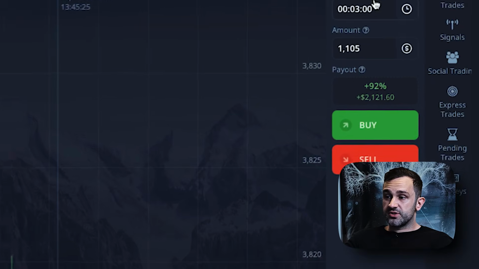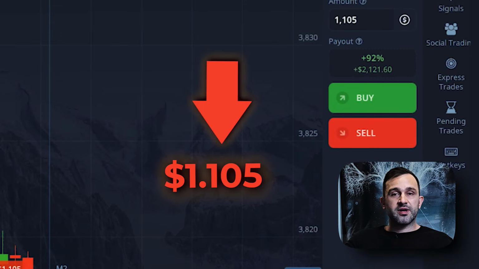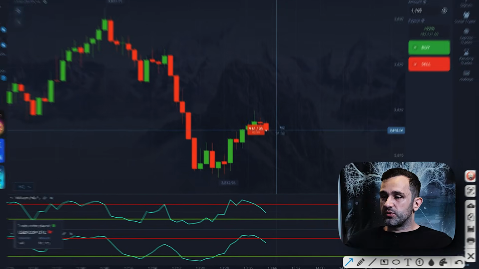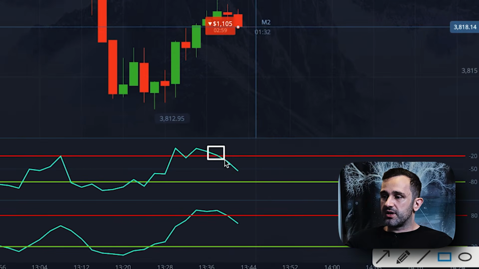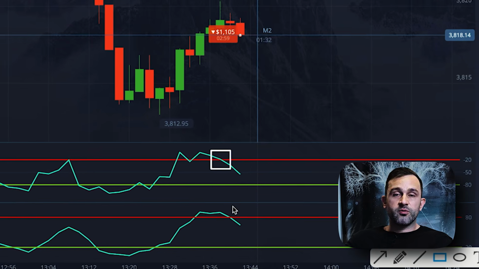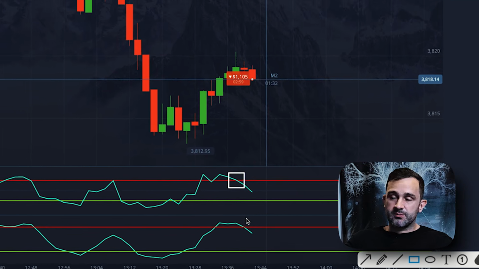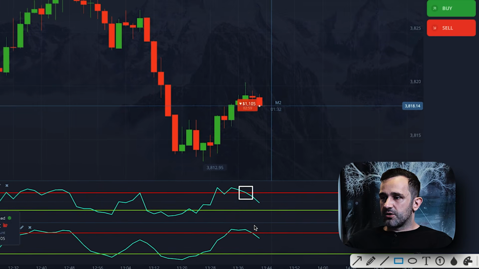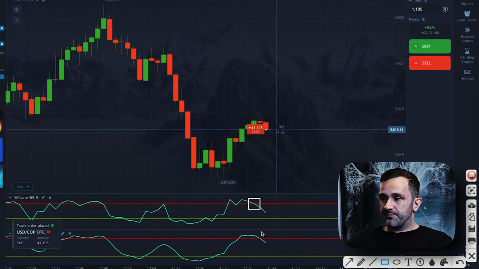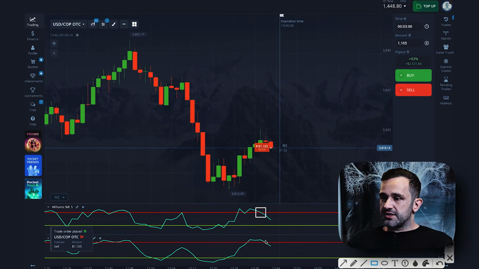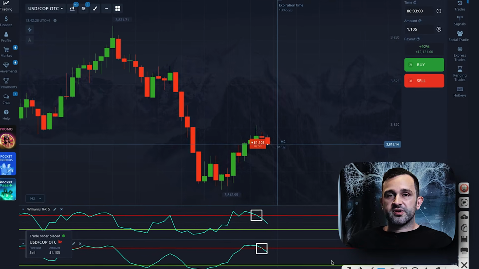Continuing, now I'll show an interesting trade, opening a downward position for $1,105. Why I'm so confident? Take a look. We start with Williams. The indicator rises into the upper part of the range, entering the overbought zone. This shows that after the pullback upward, price has already climbed quite high. Now the line starts turning downward and exits the zone. Clearly, upward momentum is weakening. Stochastic is also in the upper zone and starts moving downward.